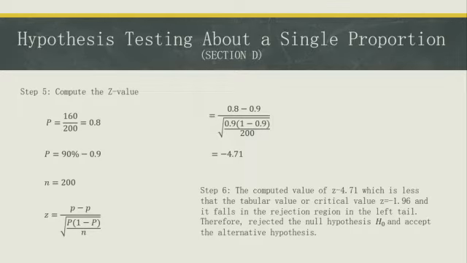Step 6, the computed value of Z, negative 4.71, which is less than the tabular value or critical value Z equal to negative 1.96, and it falls in the rejection region in the left tail. Therefore, reject the null hypothesis and accept the alternative hypothesis.